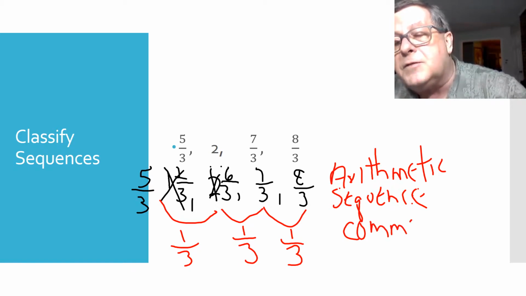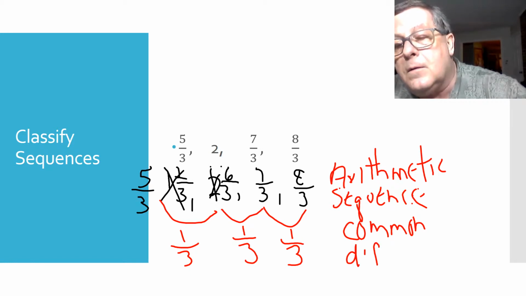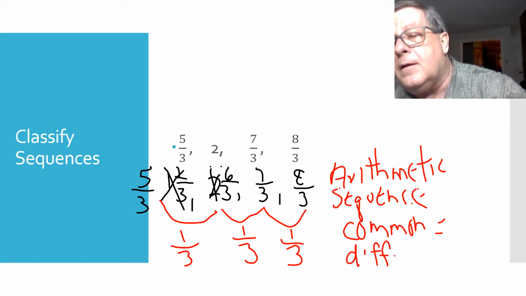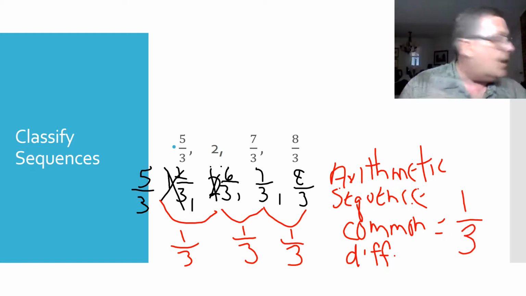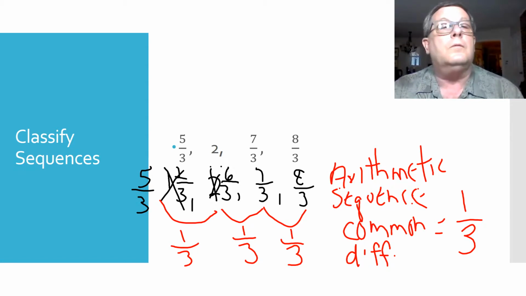Found a common difference, makes it an arithmetic sequence. I'm going to abbreviate that as 1/3. All right, cool. Let's look at one more.